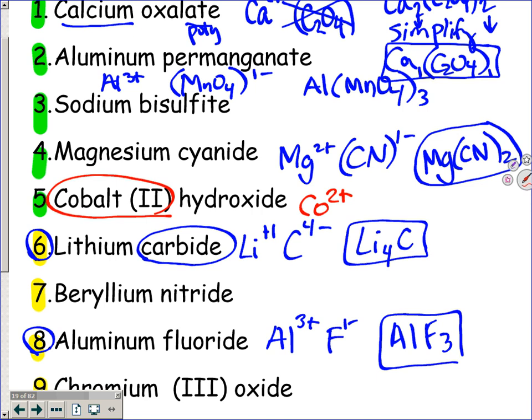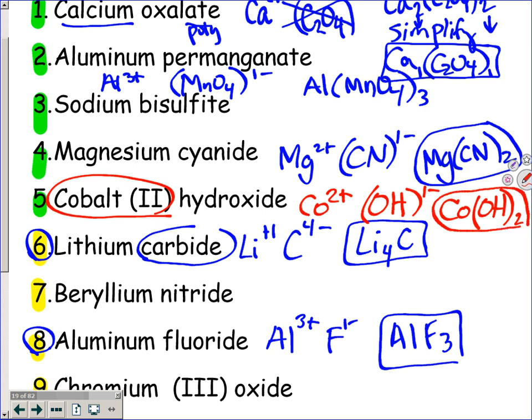I know you're going to go, oh, let's write HO. No. We're going to write OH because it's hydroxide. Do not do it the other way. Respect hydroxide and move on. Write OH -1. Crisscross charges, what do you get? Co, OH. Hold on, whoa, we missed something. Parentheses. OH, and then 2. That's cobalt(II) hydroxide.